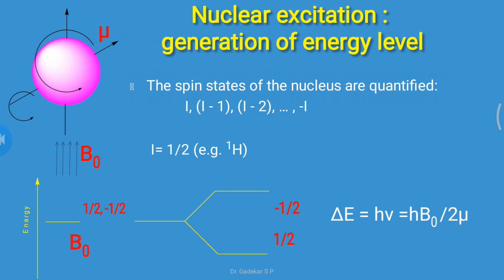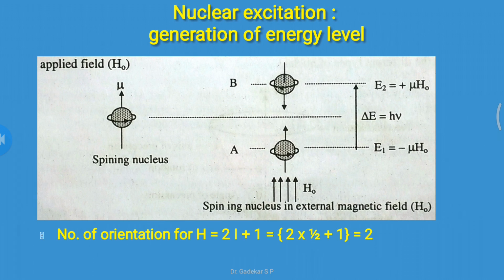So this energy difference we can calculate using delta E is equal to h mu, and h mu is equal to h B0 divided by 2 pi. Mu is the generated magnetic field. So this is nuclear excitation, generation of energy levels.